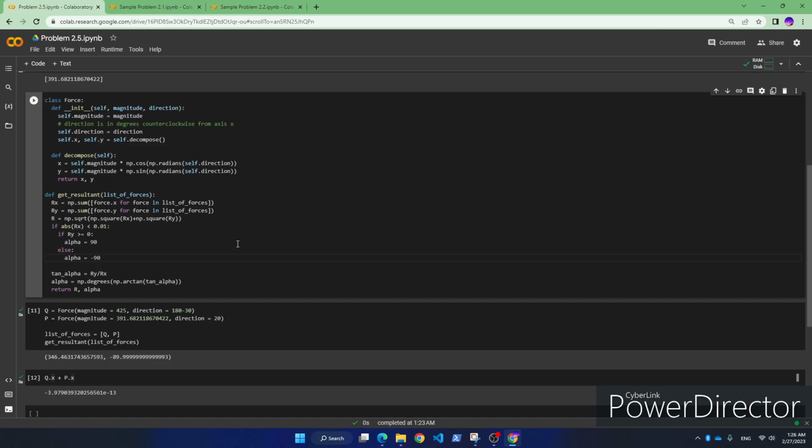And we might be facing some problems later if, for example, our angle is more than 360, or if it's 270, right? Which is like the same as minus 90. But for now, this is a temporary solution.